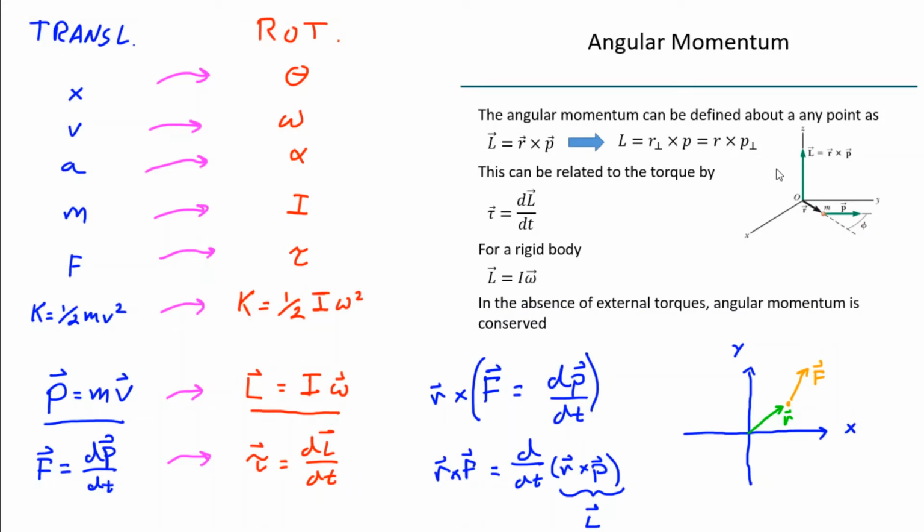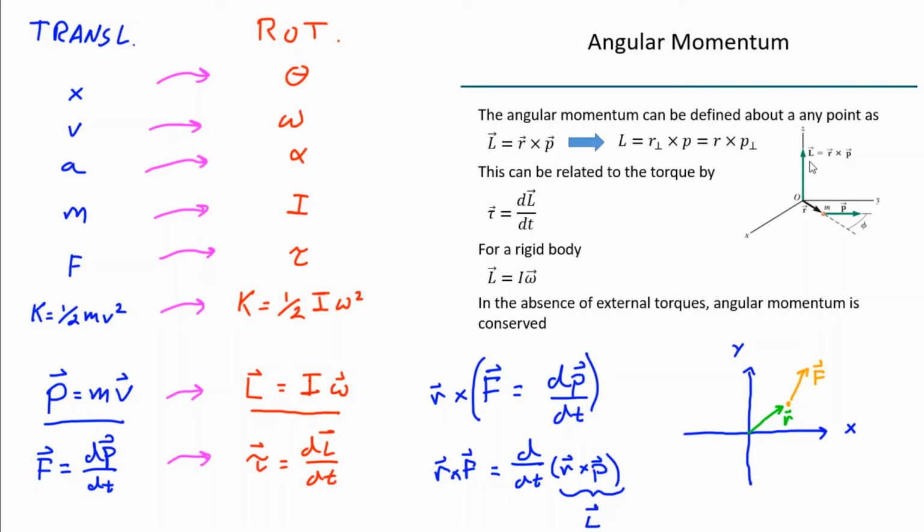This is all summarized in this slide. The angular momentum can be defined about any point. So I can pick any point in an xyz coordinate system and define the angular momentum about that point. All I need to know is the distance from that point of some particle with a momentum p, and I can take this position vector r and calculate the angular momentum as r cross p, the cross product of this position vector with the momentum vector.